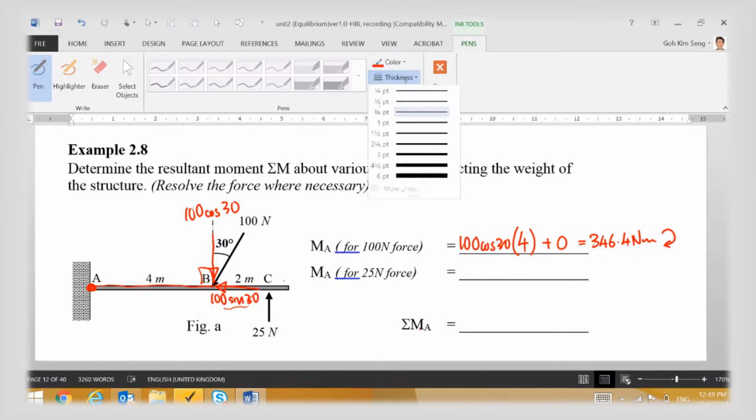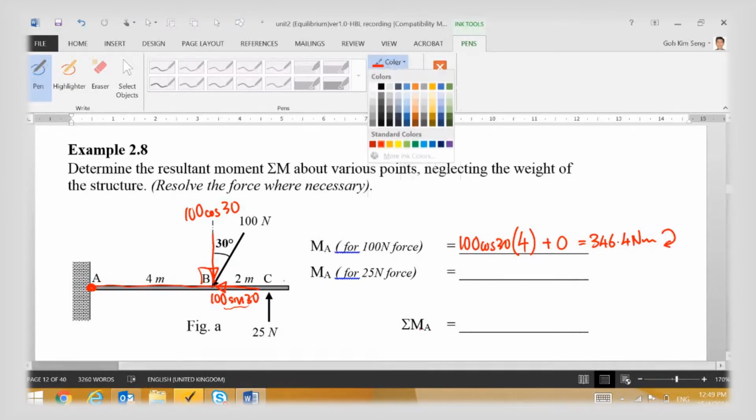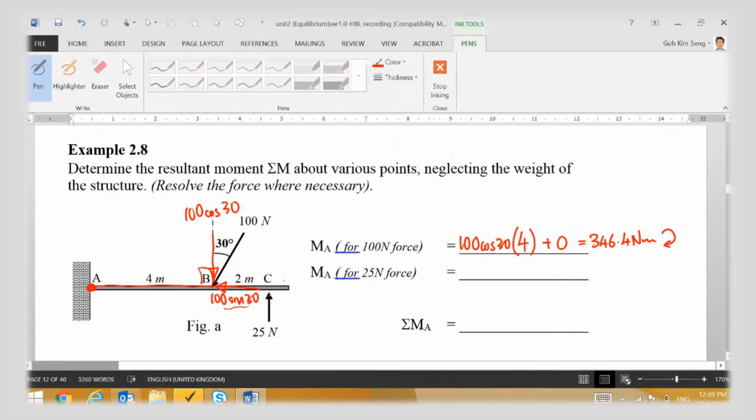Now the 25 Newton force. This force is acting upward at point C. So it's 25 multiplied by the perpendicular distance from point A, which is the distance AC, 6 meters. This gives us 150.